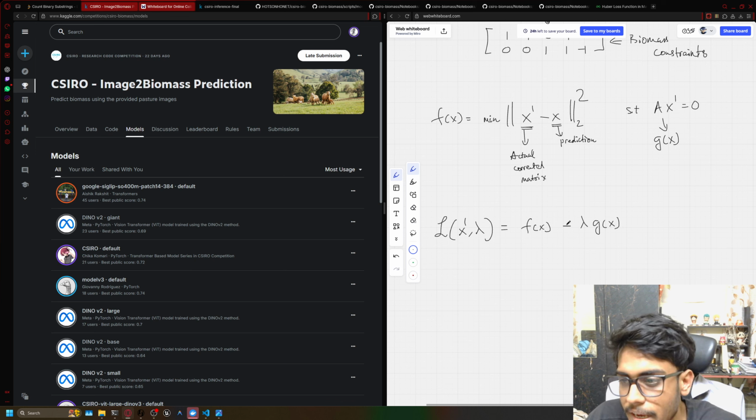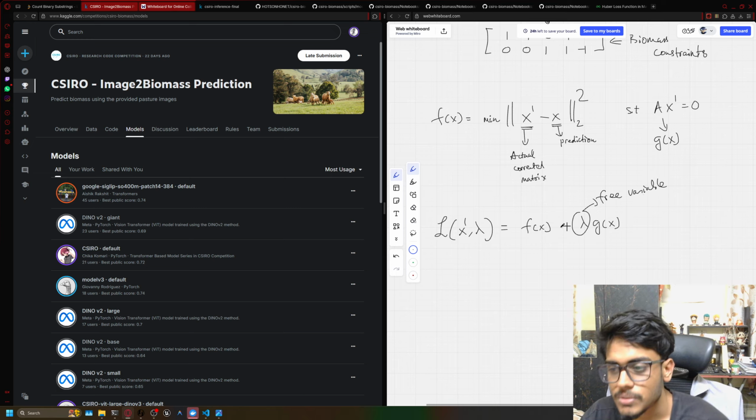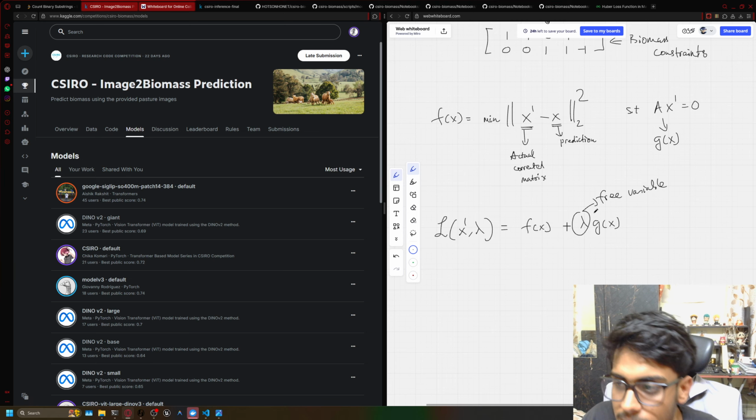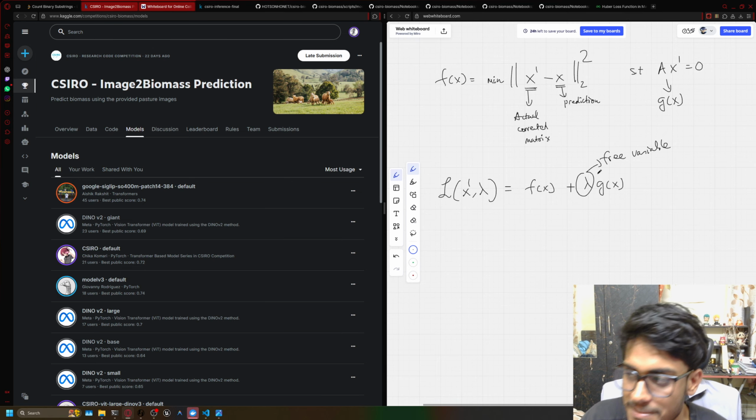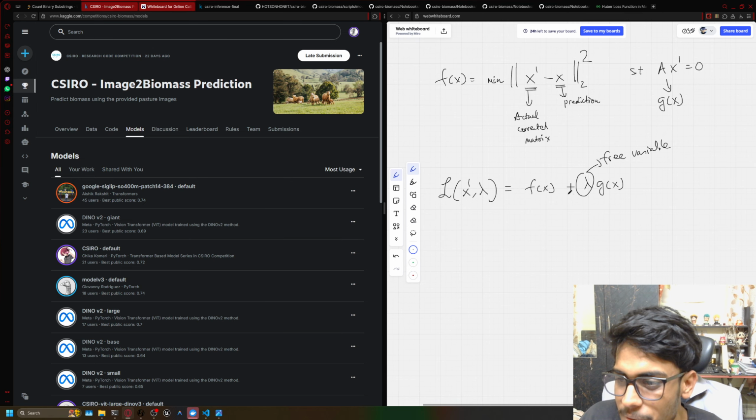I can use a plus or minus sign because lambda is a free variable here. I need to find this lambda. It can take plus or minus, so I'll write it like this because it's easier to learn.